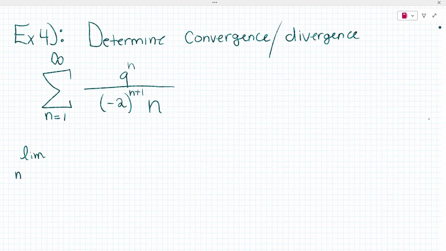So the limit as n approaches infinity. Wherever you see an n, replace it with n plus 1.